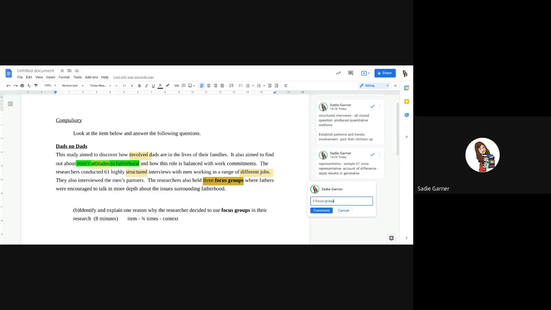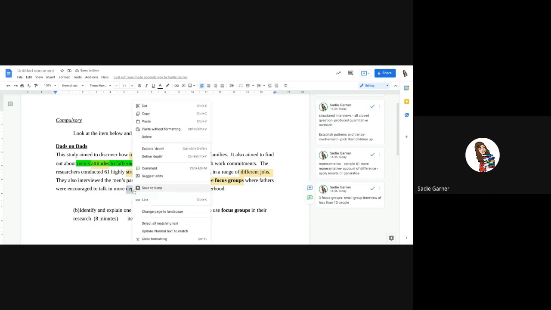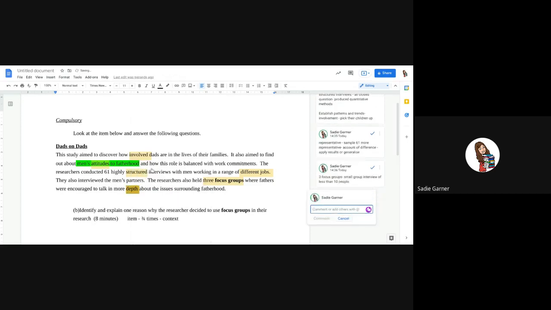To remind myself, well, focus groups are a small group interview of less than 10 people, where the fathers were encouraged to talk in depth. So it's in the focus groups that the dads are encouraged to talk in depth about their attitudes to fatherhood.